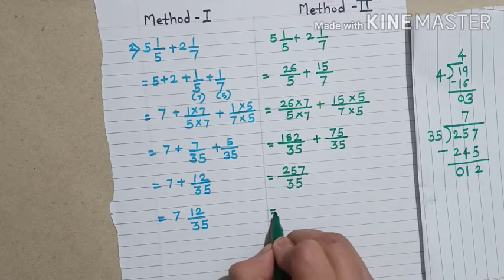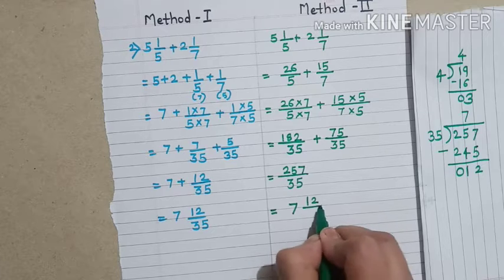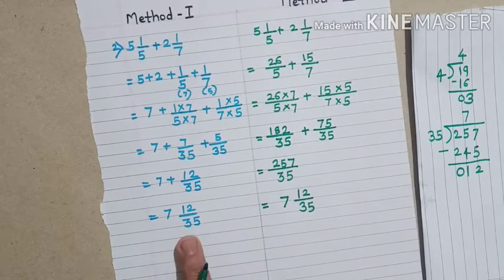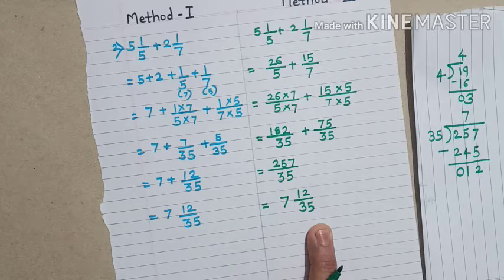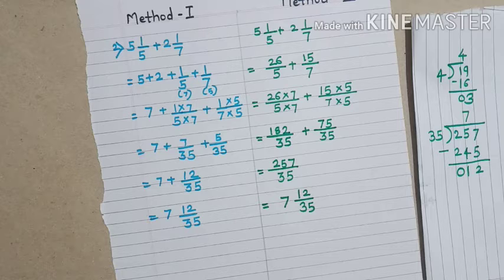So write the quotient first, then the remainder and then the divisor. Now again look here, both the answers are the same. So we can add these mixed numbers by any one method.